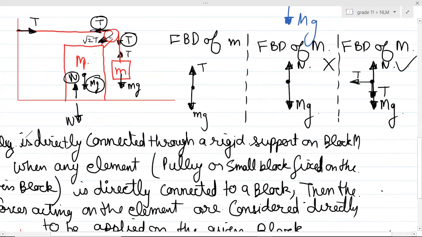So this is the correct free body diagram. Can you see these two things, these two tensions? They were acting on the pulley.